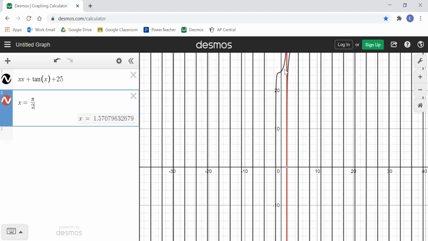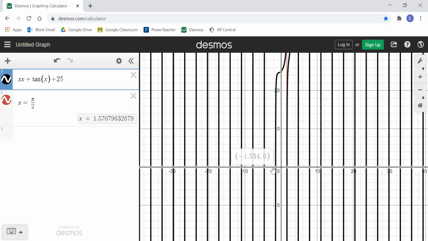And that's the asymptote that we had found, pi over 2. Good or no? So the interval should have been negative 1.534 to pi over 2.